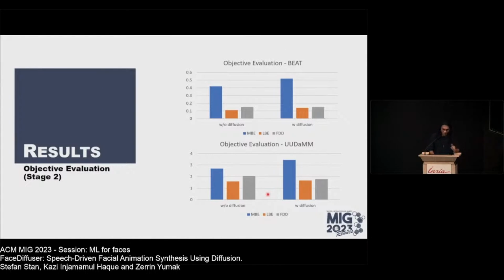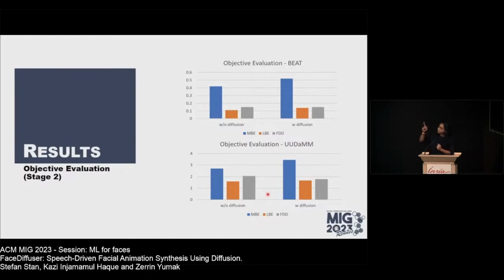So in stage 2, we extended our model to work with lower dimensional data sets. On top are the results on the BEAT data set. On the bottom are the results on the UUDaM data set. In this case, we compared our model's result with a deterministic model.